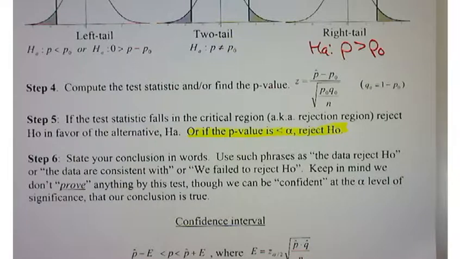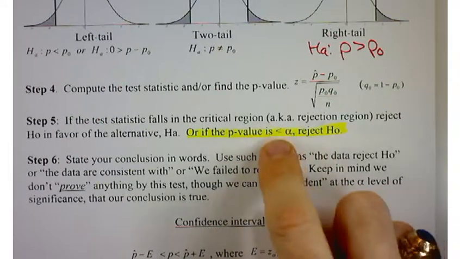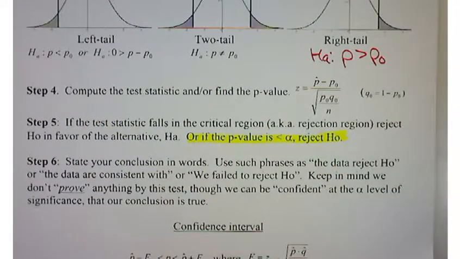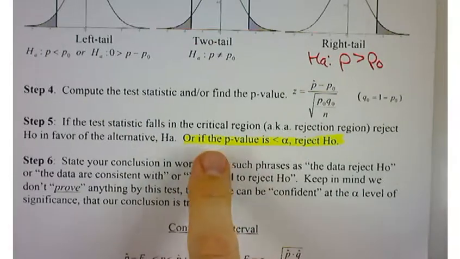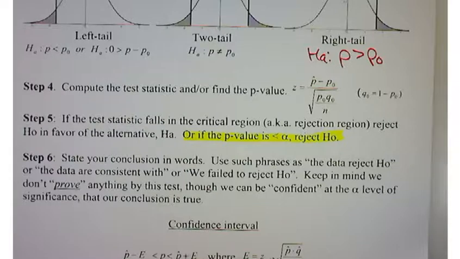If the p-value is low, make me look good. H0 must go. Excellent. Thank you. So that means you're going to reject if the p-value is less than alpha. That's going to be probably a more convenient way to proceed, but StatDisk gives you enough output that it's really not going to be hard either way. And finally, we're going to have to state your conclusion in words.